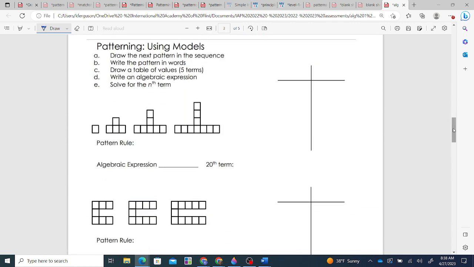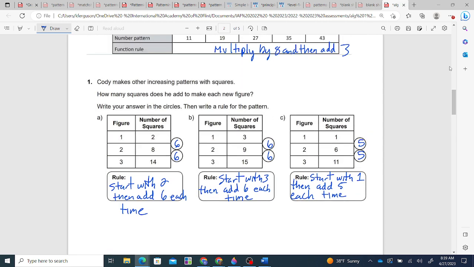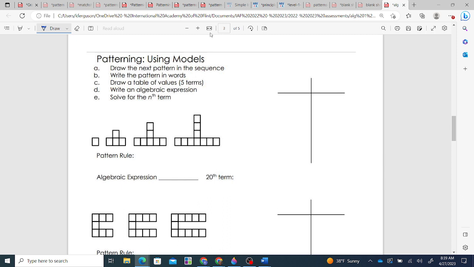All right, let's talk about this one. So patterning using models.